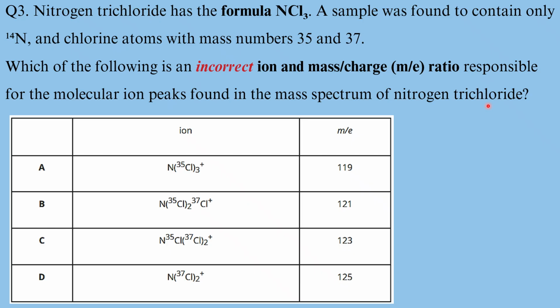Here we are provided with all the different ions that may be possible in the mass spectrometry of this formula, along with different mass to charge ratios. We have to select the incorrect one. Okay, let's get started.